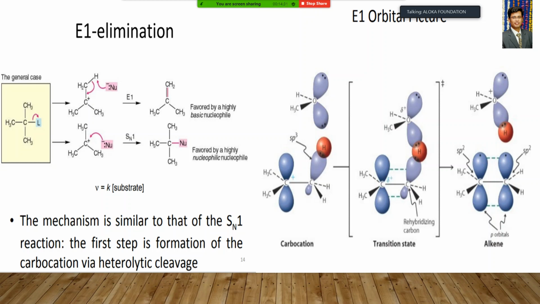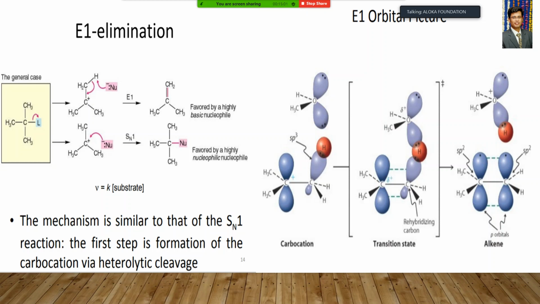If you see the orbital diagram, the carbocation which is formed is planar. Now the base comes, that is the methoxide base. It abstracts the proton which is beta to the carbocation and you get an unsaturated bond, a pi bond that is formed. It takes away the proton and you get a pi bond formation.